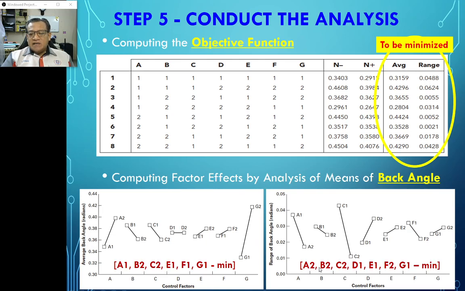The best set point is A2, B2, C2, D1, E1, F2, and G1. So from this, you can have the best performance with the least, I would say, variation. Okay, the maximum signal with very minimum noise.